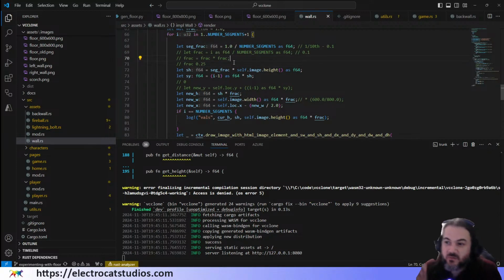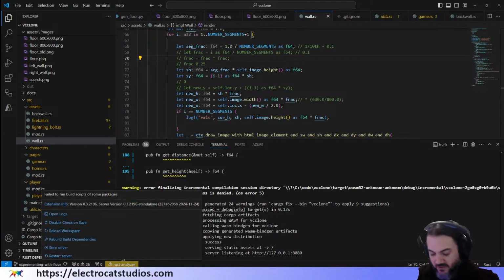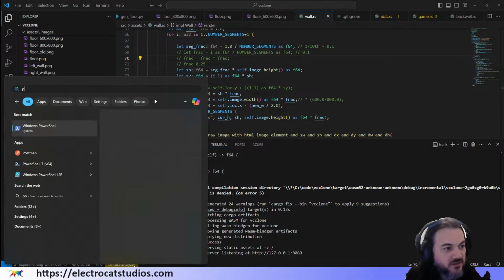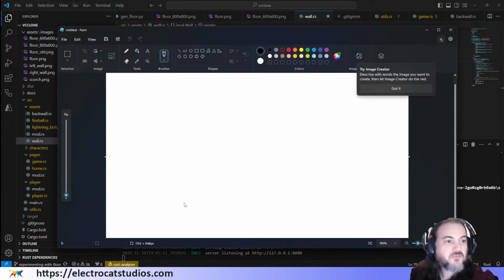And then I think we need to figure out the segments. But I think where the bulge is coming from is that I was taking the percentage width that we needed as being the top of the segment and not the center of the segment, and that's what it should be. So I'll bring up Paint to try and illustrate what I mean.